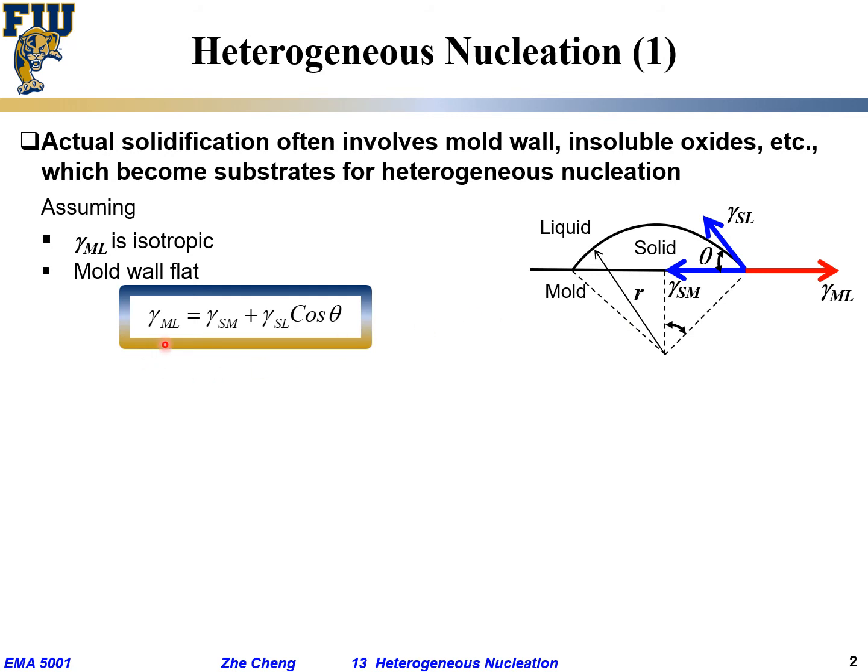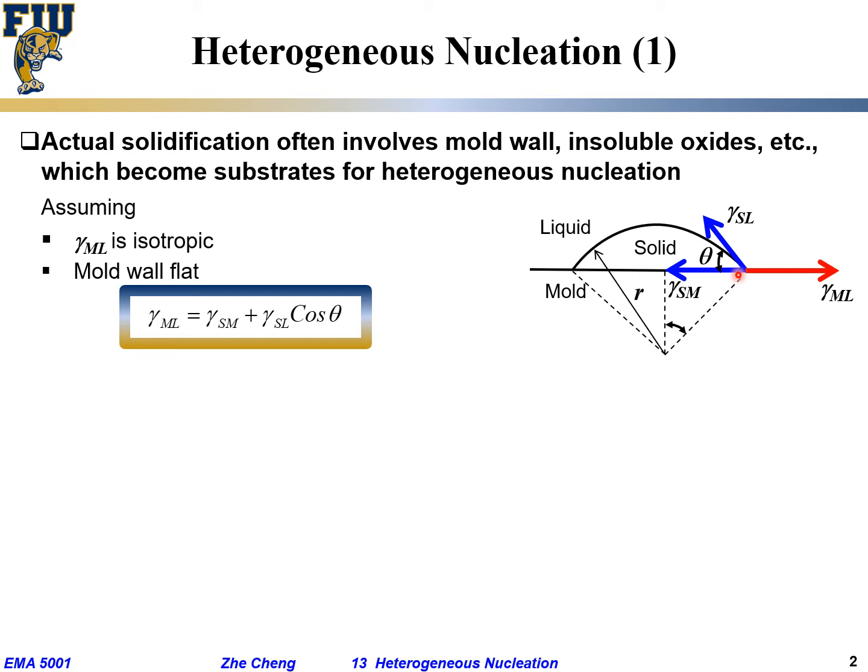The mold-liquid term, going towards the right, equals the solid-mold term going towards the left plus the projection of the solid-liquid term, the cosine term, projected onto the horizontal. Assume my solid cluster reaches kind of equilibrium. Make sense? That's our relationship.